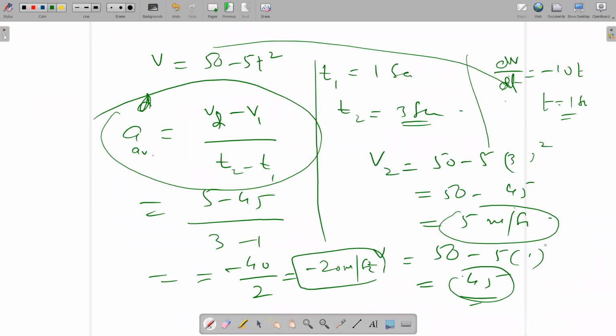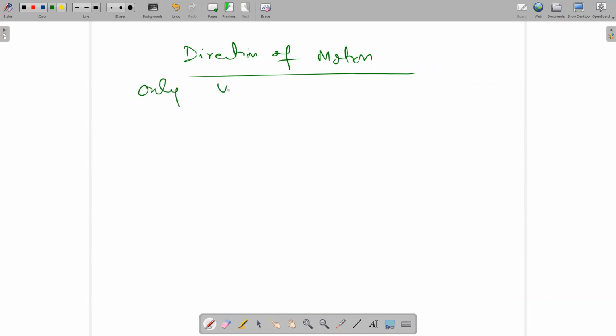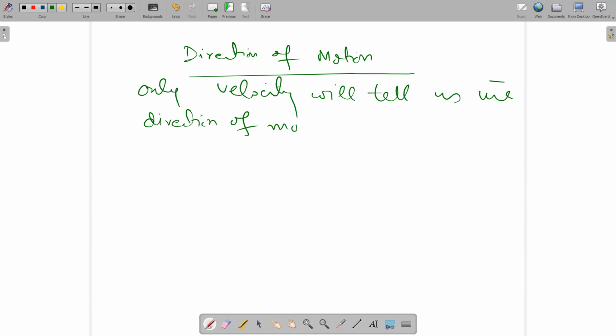Understood? Okay, after this, one thing is very important, and that is the direction of motion. Either the body is moving to the right side or it is moving to the left side. Who will decide? Which quantity will decide? Only velocity will tell us the direction of the motion, not speed.